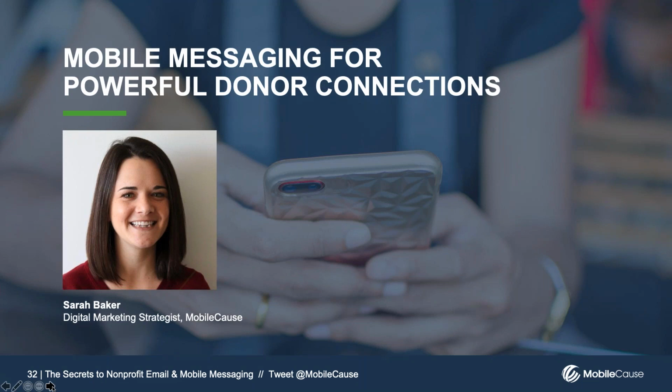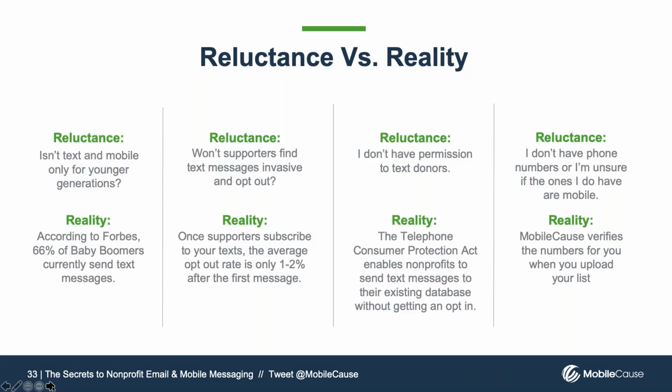Thank you, Scott and Matthew. So a really great supplement to your email marketing campaigns and social media campaigns you're doing is going to be mobile marketing. But something we've seen at MobileCause is a lot of our nonprofits are reluctant to start sending text messages to their supporters for a number of reasons. They worry that text and mobile is only for younger generations.